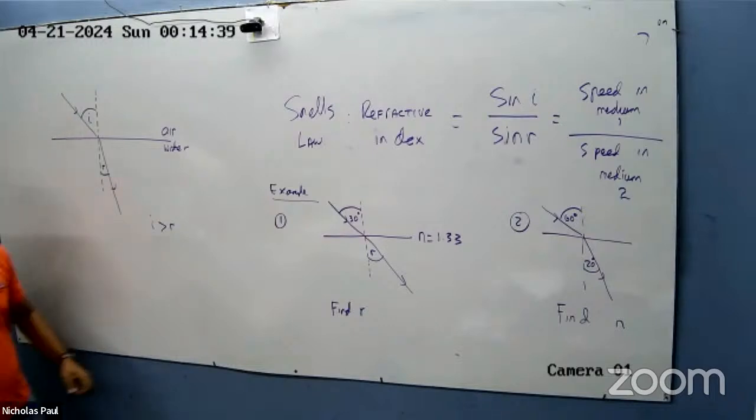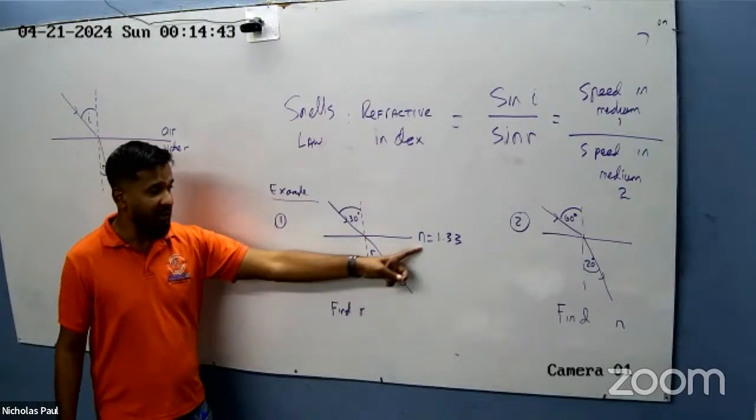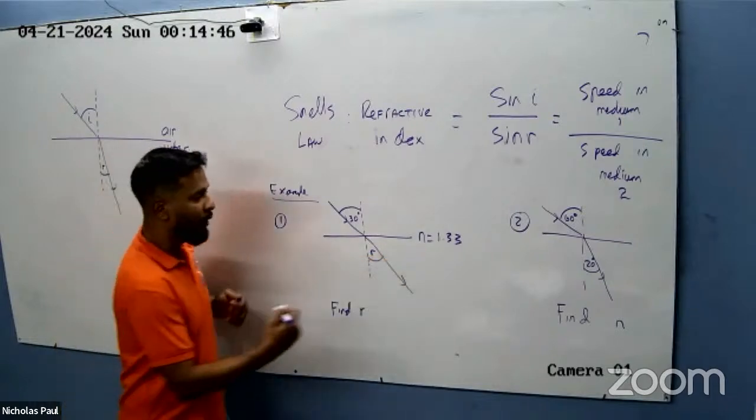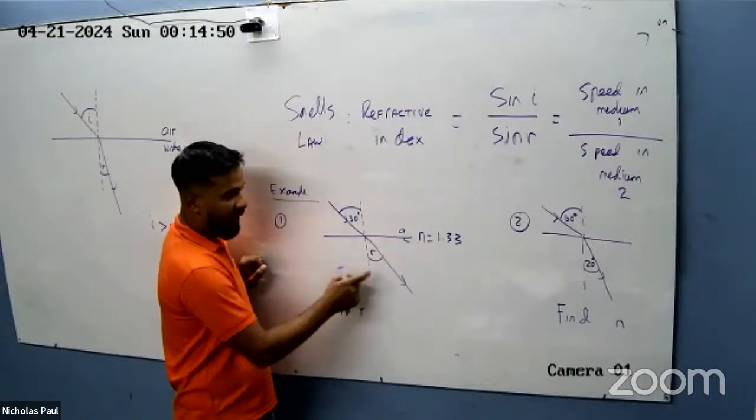Here we have two small examples. We need to find R. I gave you the refractive index, going from, let's say, air to water, and I wanted to find R.